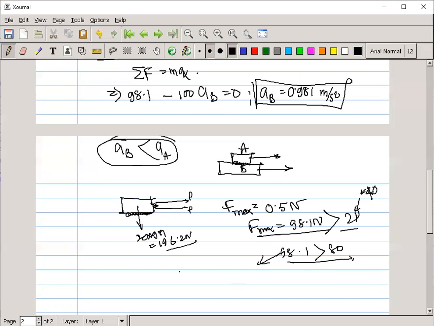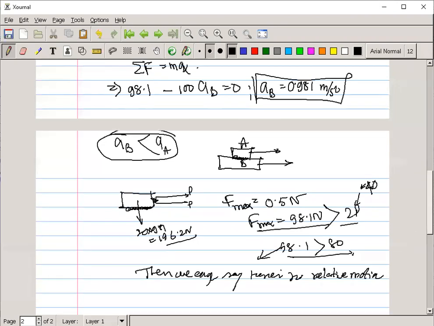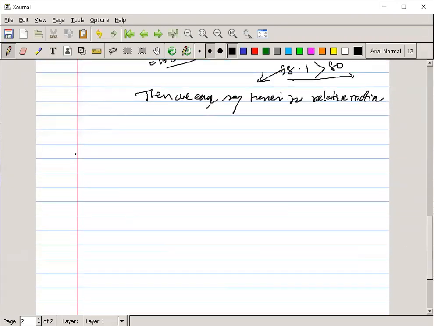So if this is the condition, then we can say there is no relative motion between bodies A and B. Okay. Is it clear? Yes or no?